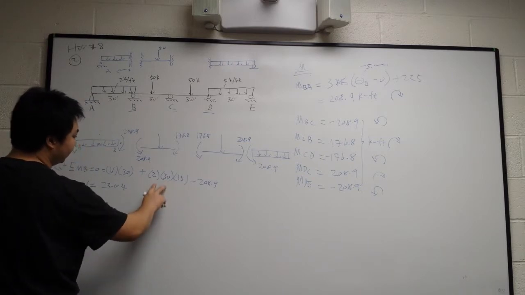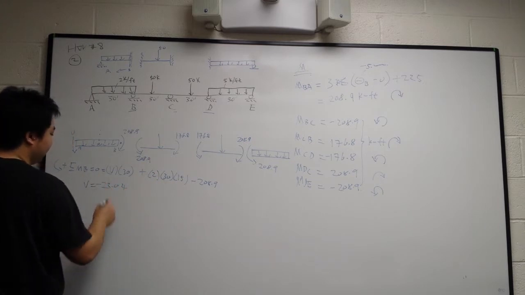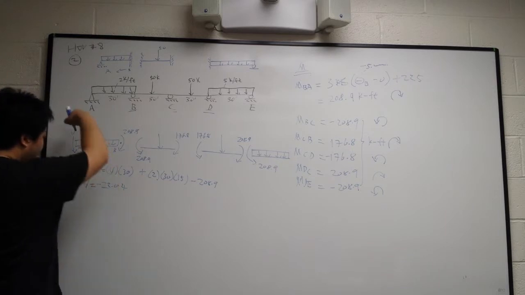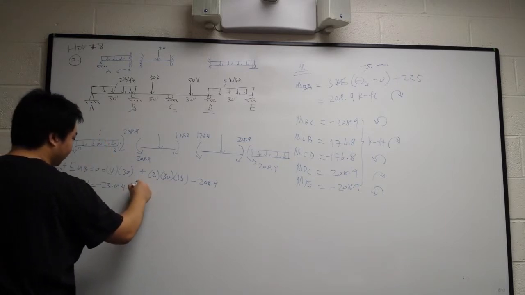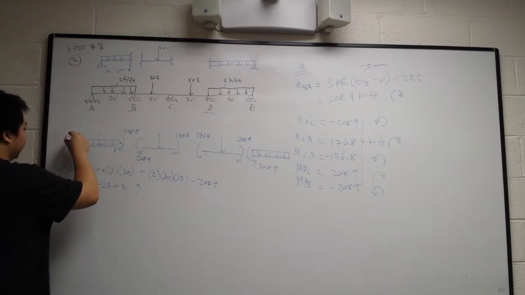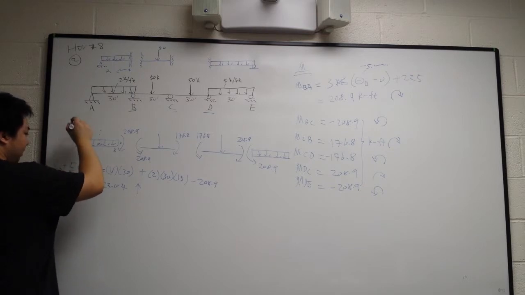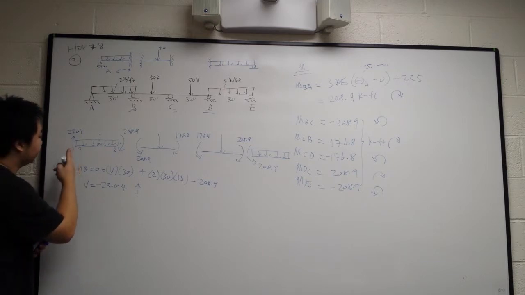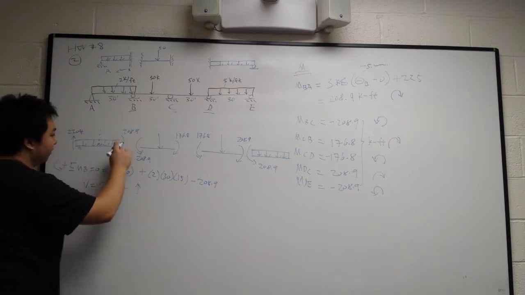Because to go to the zero side, it's negative. If it's negative, that means it's going down, so it's opposite, so it's going up. So this shear is going up, which is 23.04.